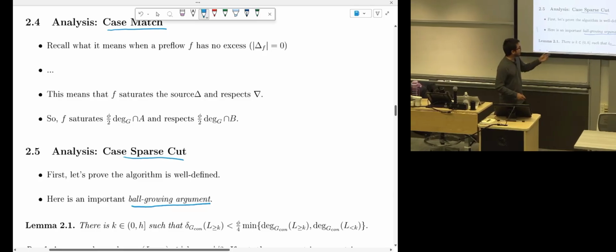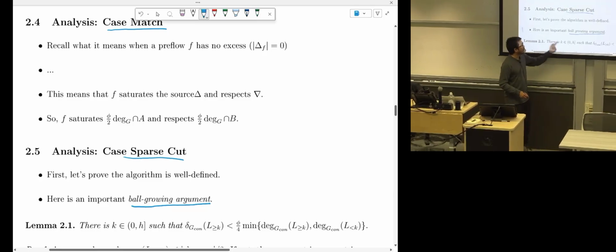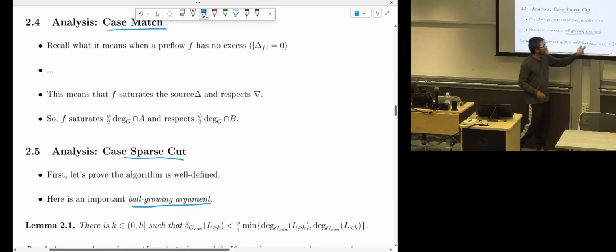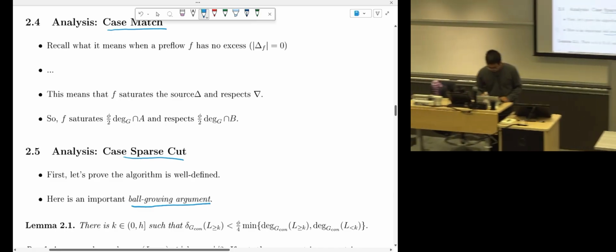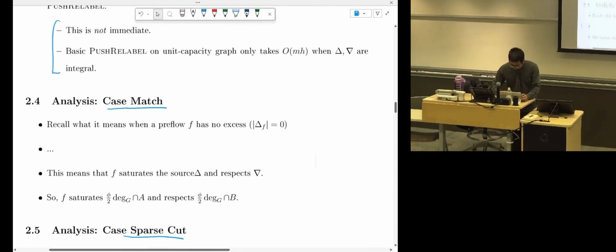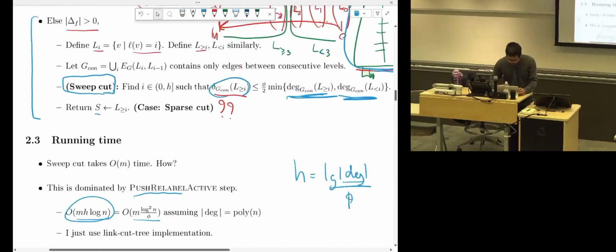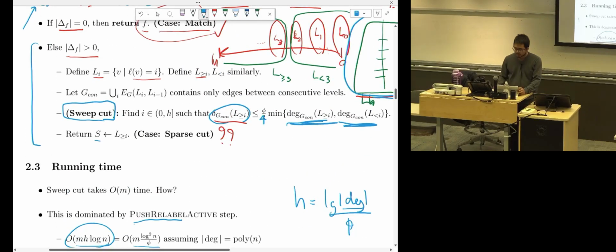So what we're going to prove is this: there exists some layer k such that this cut on G con is phi sparse. Oh, actually I want 4 here, so this should be 4.